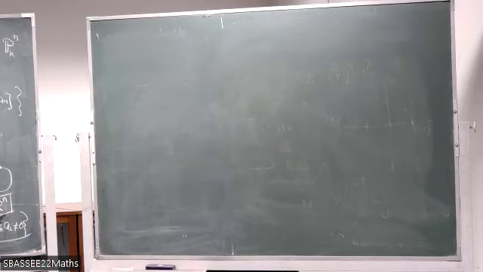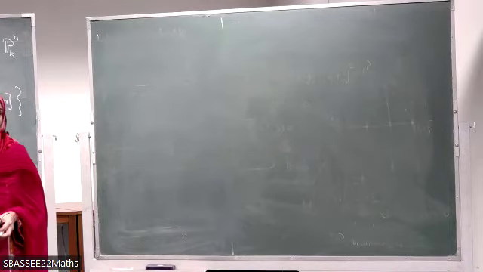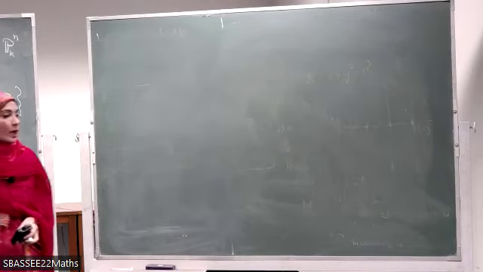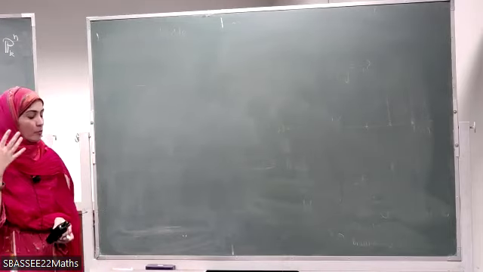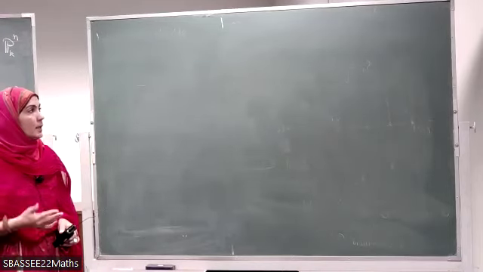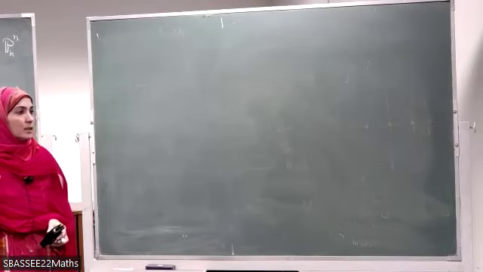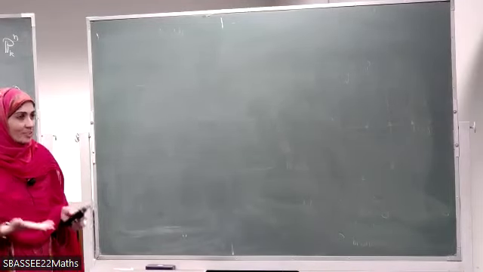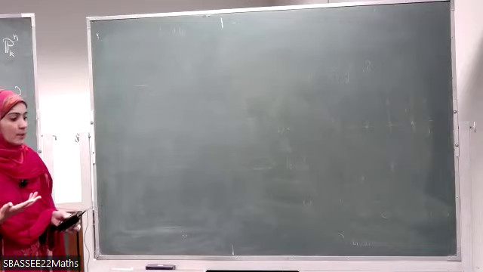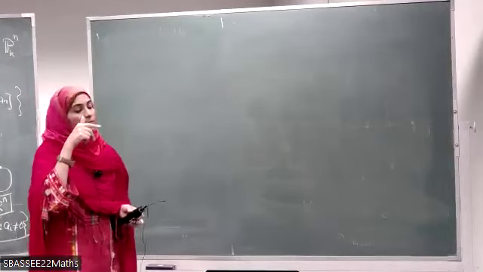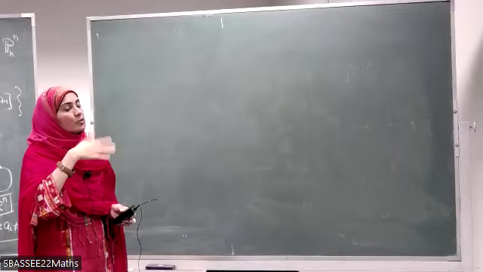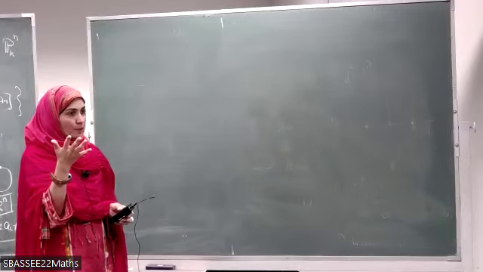Okay, now the question is, what is a projective variety? If you think about what we have defined as an affine variety, then you can imagine what a variety would be in the projective case. For example, if you recall, an affine variety was just the zero set of some polynomials, right?